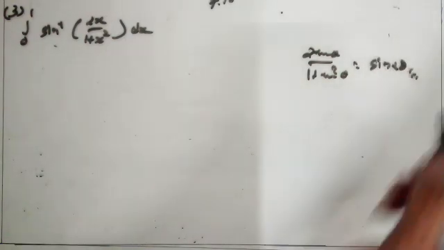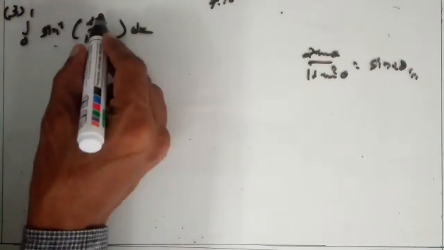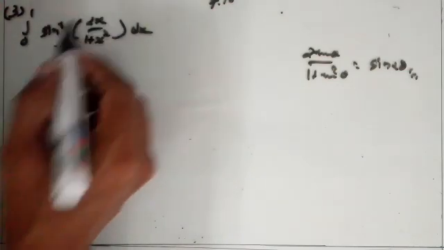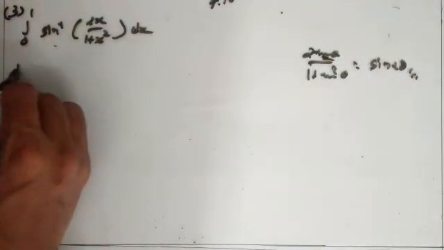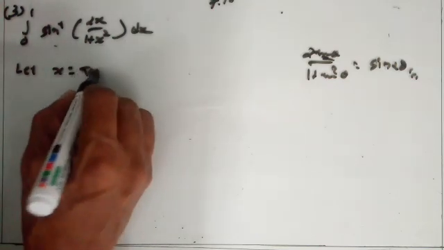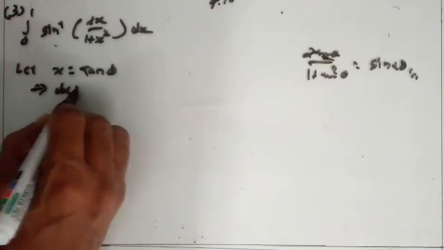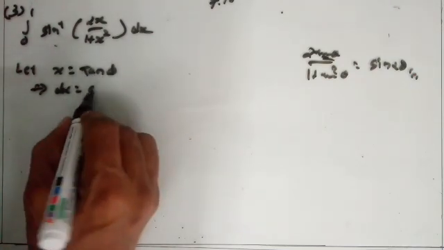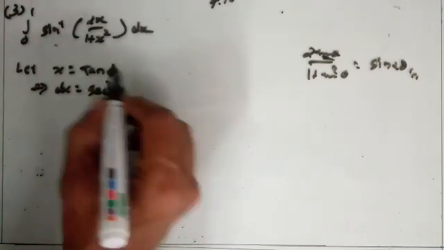You know this formula. So in this type of integral, first we substitute x equal to tan theta. Let x be equal to tan theta. This implies dx is equal to the derivative of tan, which is sec square theta d theta.